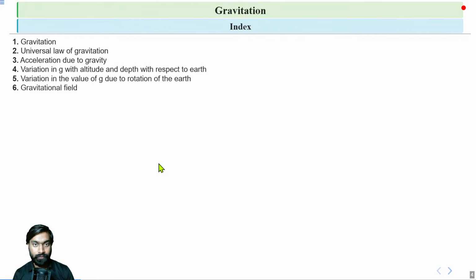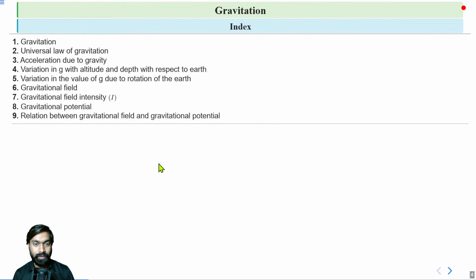Then gravitational field, then gravitational field intensity. And then we will discuss gravitational potential. After that, the relation between gravitational field and gravitational potential. So these are the topics of today's lecture, which we will discuss one by one. Alright everyone.